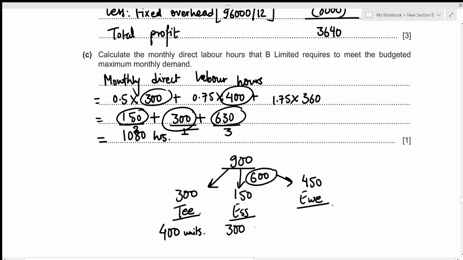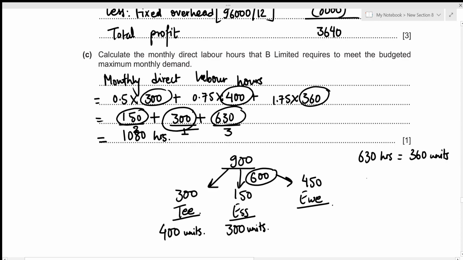But for E, we needed 630 direct labor hours in order to produce 360 units. But now we only have 450 direct labor hours. So we need to figure out how many units can we produce of the product E by only utilizing 450 direct labor hours. So we needed 630 hours to produce 360 units.